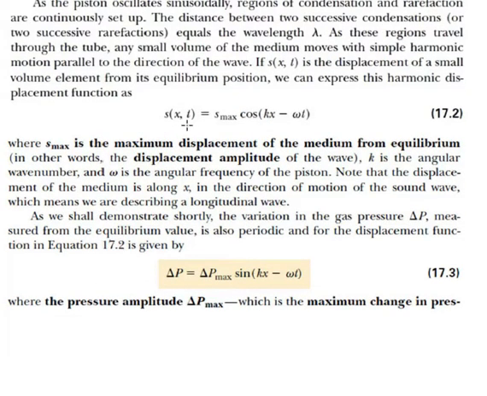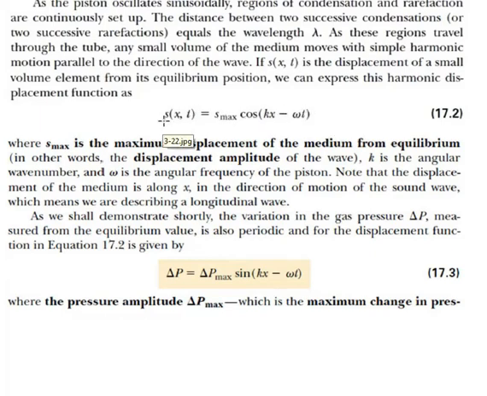This function is similar to that of the traveling transverse sinusoidal waves. Over there we took y of x,t equal to ym, that is y maximum, into sine of kx minus omega t.